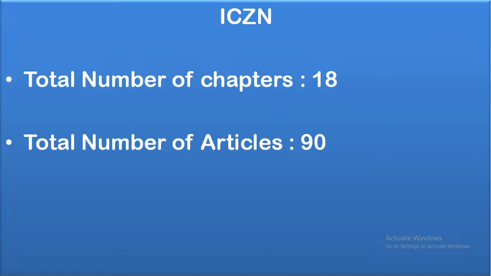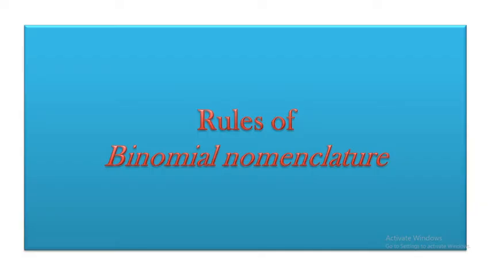You might see a question about the total number of chapters or articles in certain entrance exams, and all these articles specify different rules. So let's see the rules of binomial nomenclature. As you can see, the name itself, binomial nomenclature, depicts some rules, so it is to be covered in the next slides.